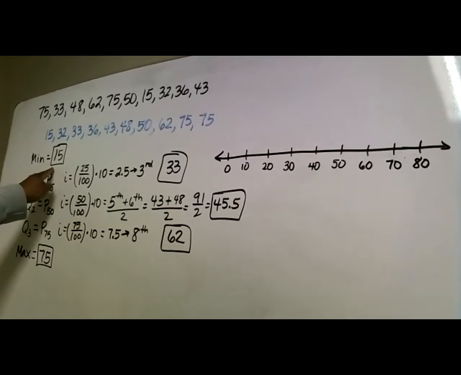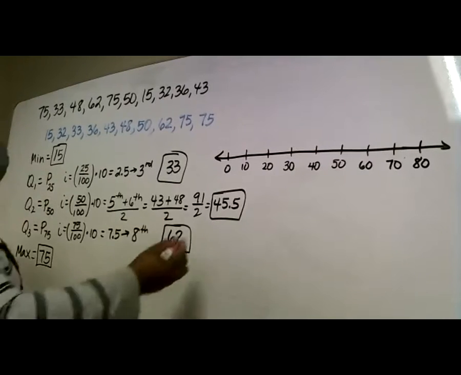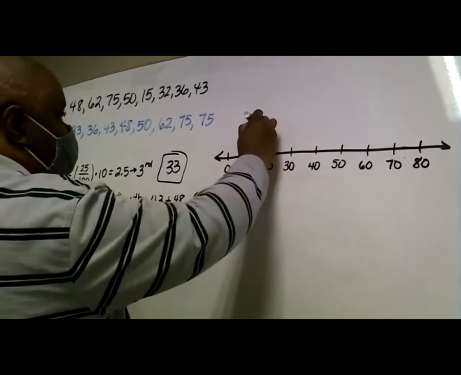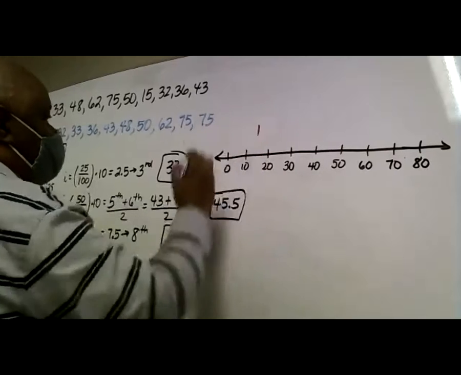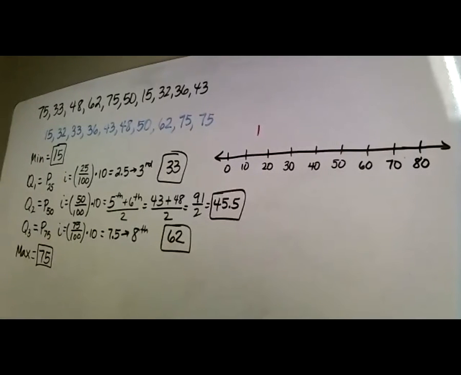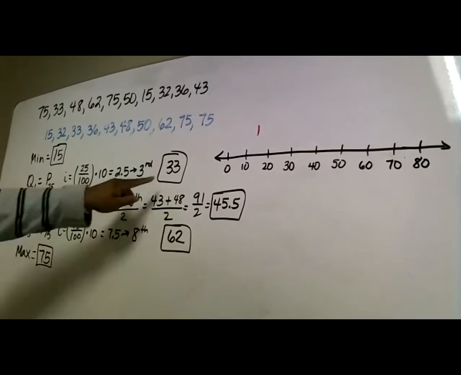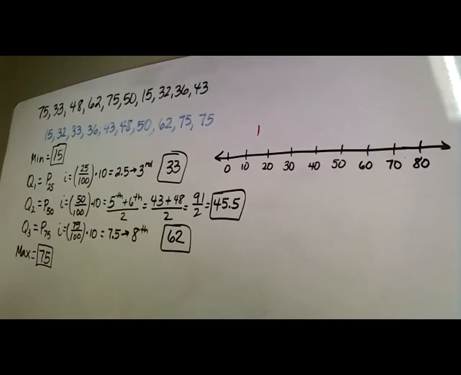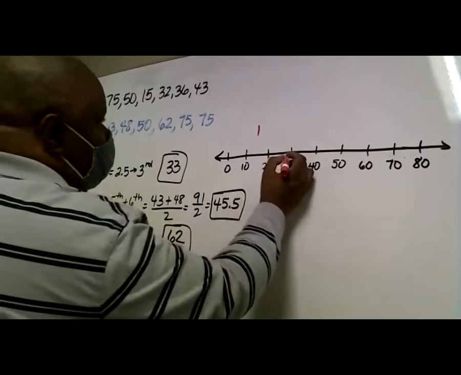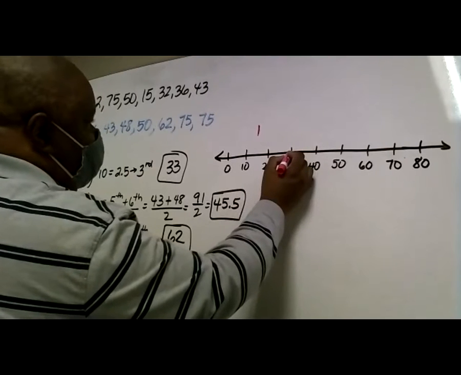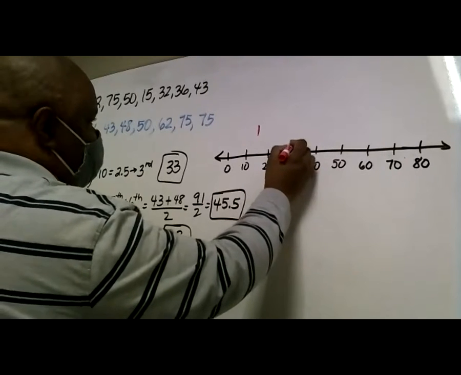All right, the minimum was 15. That's halfway between 10 and 20, so I'm gonna draw a small line there. That's gonna represent part of the whisker. Q1 is 33, so we're gonna have to kind of guess where 33 is. It's a little bit past 30.